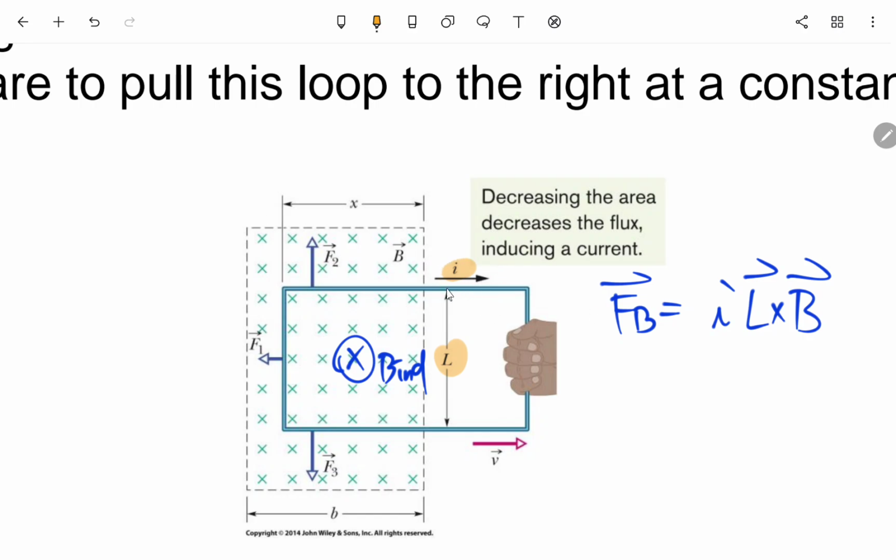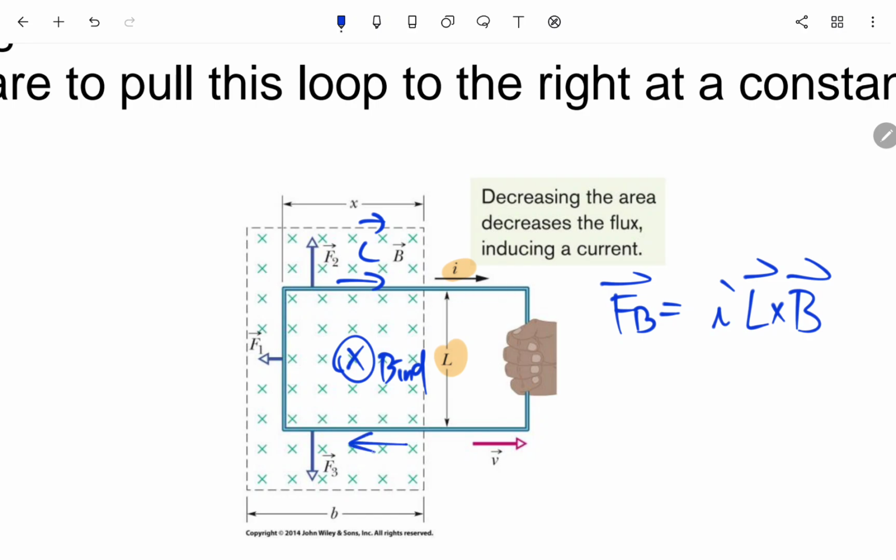Okay, so if I is clockwise, for the upper segment we have L pointing to the right side, and then the B field pointing into the page. So L cross B is pointing upward. So we have F2 pointing upward, acting on this part.